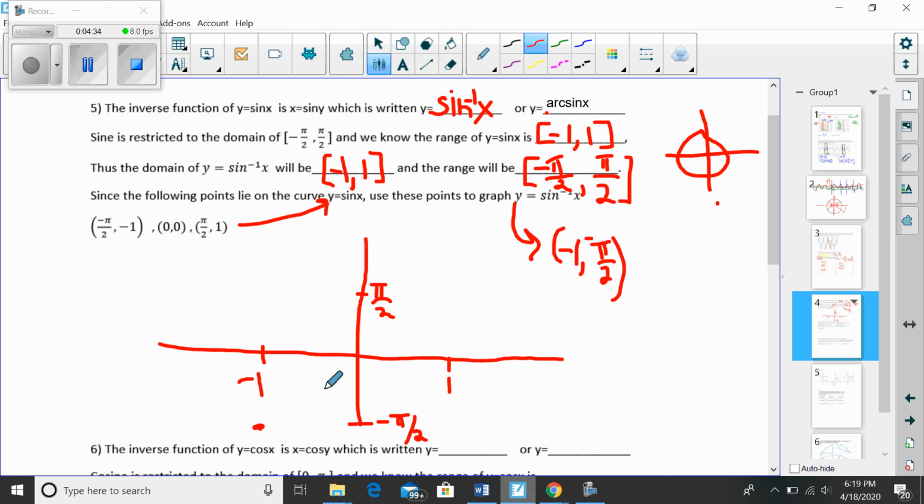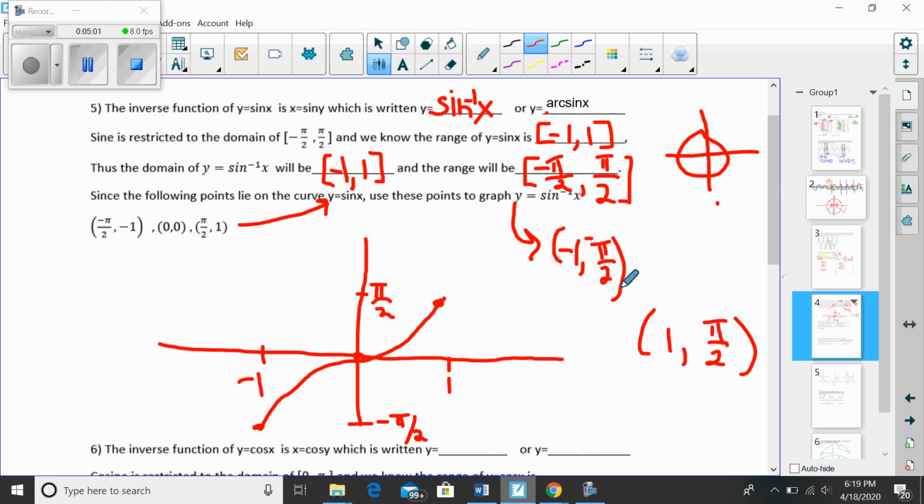Switch the point (0, 0), that's a no-brainer. And then let's switch that point so that we get the point (1, π/2). And when you go to connect these, they don't just connect in a straight line. Okay, so when we graph this, I am concave down this way, and then I'm concave up like that, and that connects there.